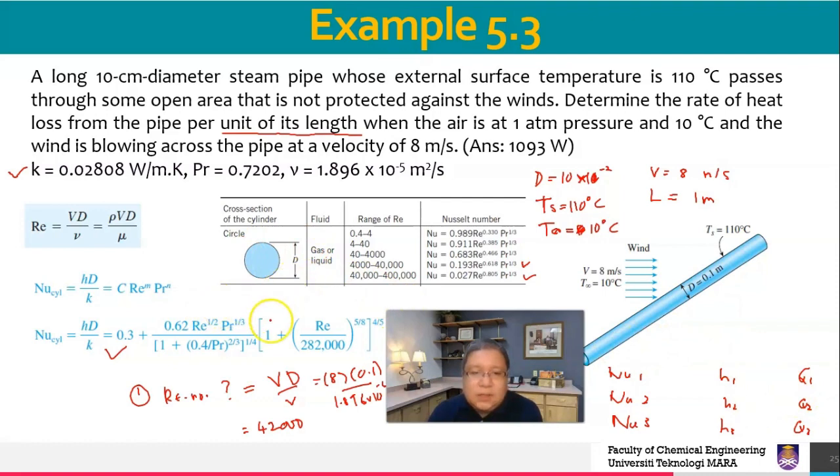Of course, this answer will be the best one because the detail is there. For the estimation like this one, it happened to be much closer to this one rather than the other one. So that is why I mentioned just now, sometimes the Reynolds number is 42,000, so it's quite a close region.